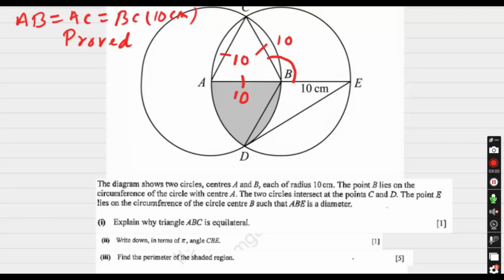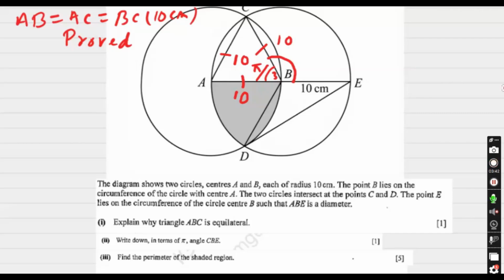And each angle of an equilateral triangle is 60 degrees, or you can say in terms of radians, pi by 3, because pi by 3 is equivalent to 60 degrees. So angle in a straight line is 180 degrees, or you can say pi.